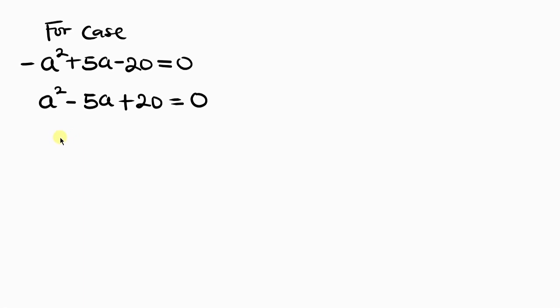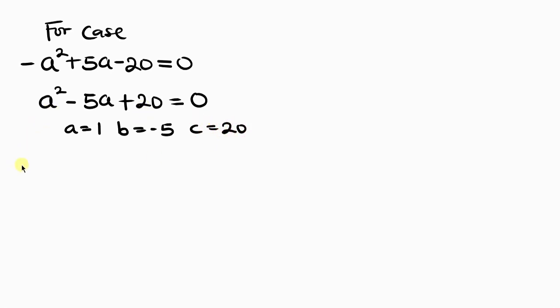So I've been able to get rid of this negative by multiplying through by negative 1. Now we have a quadratic equation, and we're going to be using the quadratic formula to solve this since we cannot factorize. So from this quadratic equation, our a is the coefficient of a squared, which is 1. Our b is the coefficient of a, and that is negative 5. Then our c is the constant term, which is 20.